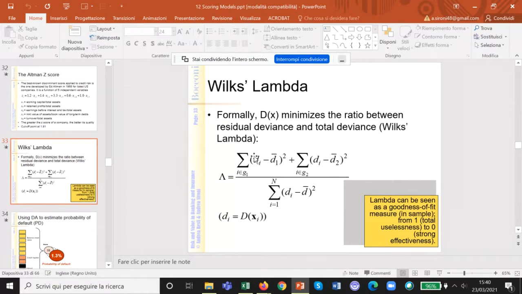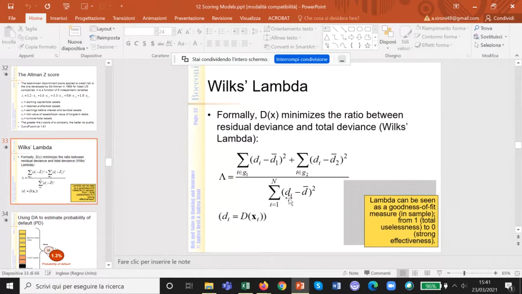And the idea would be that if the model is a good one, and it's able to differentiate as well as possible the good from the bad, and at the same time make those values very close for the good companies and very close among the bad companies, then this numerator should be much lower than the denominator, where the same computation is done without distinguishing between good and bad companies, okay?